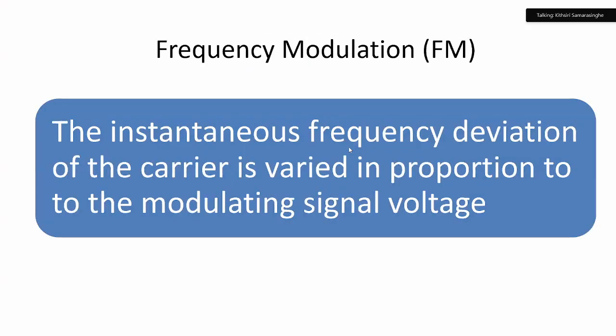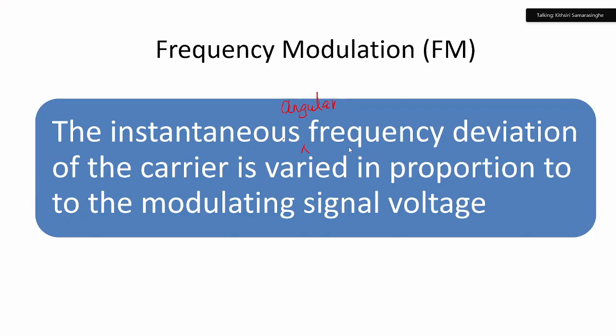Okay, so we can define the FM like this. The instantaneous frequency deviation of the carrier is varied in proportion to the modulating signal voltage. Some books will define this as instantaneous angular frequency variation. So both are correct, right?